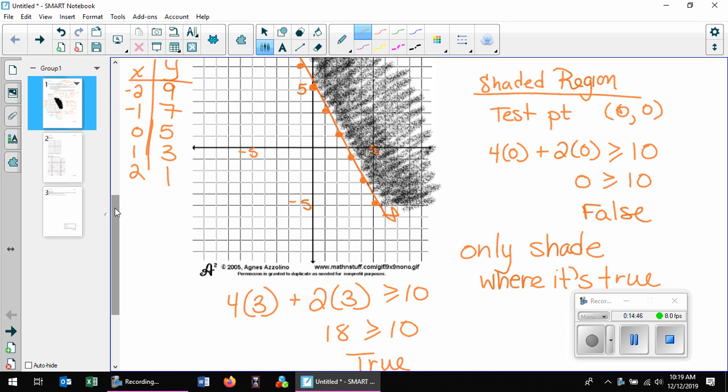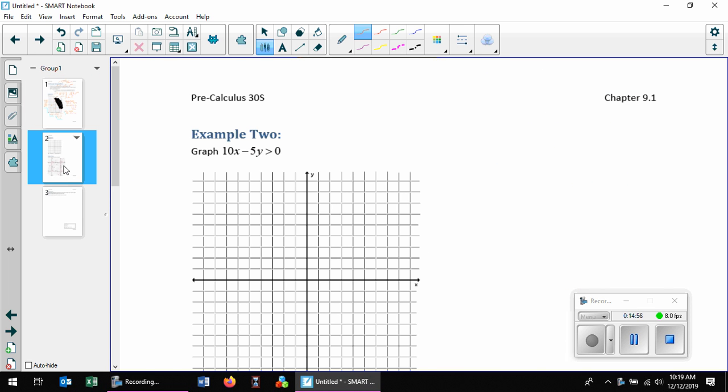Everybody comfortable with this? This is nice. I'll just go through all the holidays in my lesson. All right. We're going to graph this one. This unit is smiling all the way through.